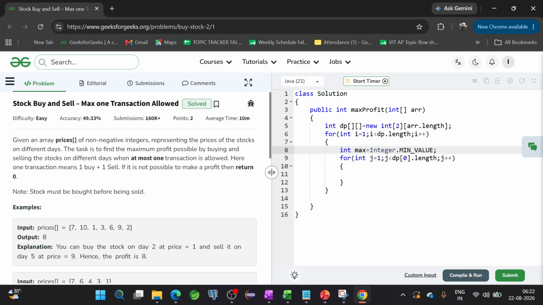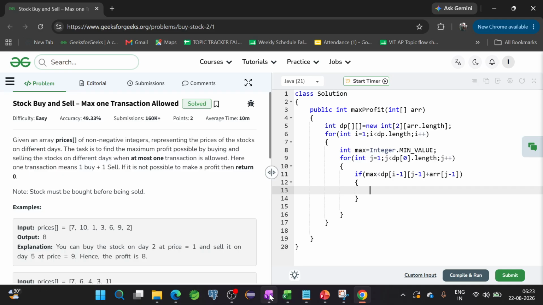So if max is smaller than dp of i minus 1 and j minus 1 plus array of j minus 1.